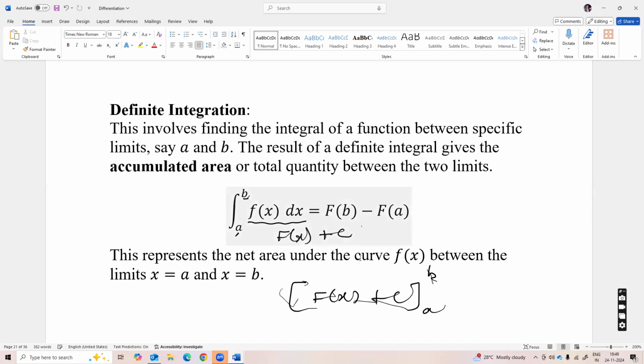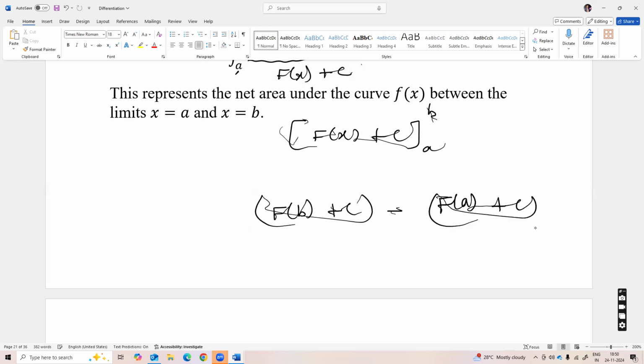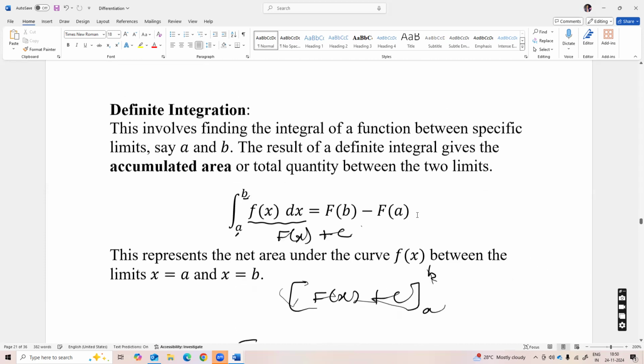Now we will put the values b and a here. So f of b plus c minus f of a plus c. The c will get cancelled, and finally you will get f of b minus f of a. Therefore, in a definite integral we don't write this constant term, because it gets cancelled.